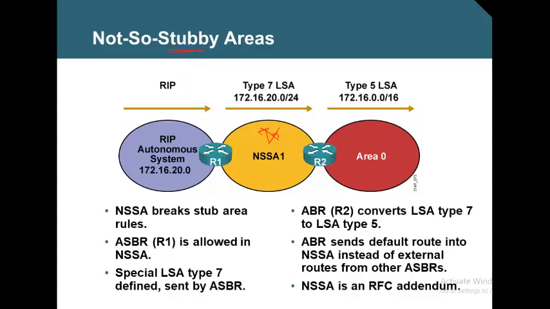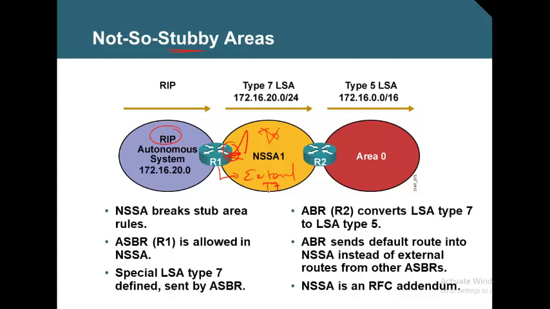If type 5 is denied, then external also should be denied, but I see external networks, the RIP networks. How is that possible? This ASBR is also an NSSA router, NSSA is in this area, this side. So this router converts type 5 into type 7.